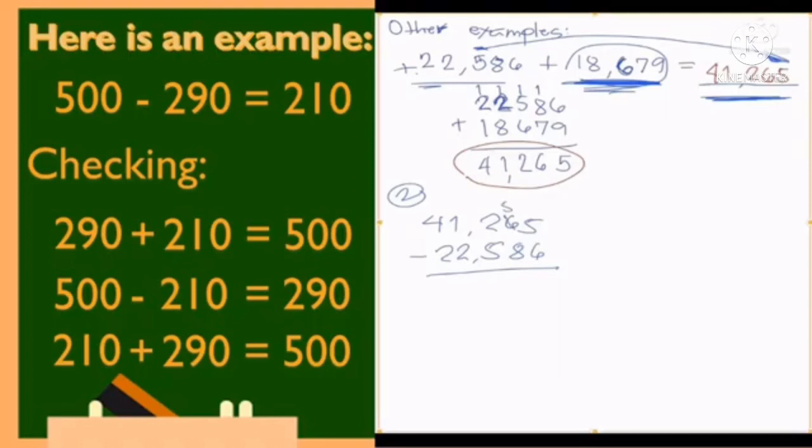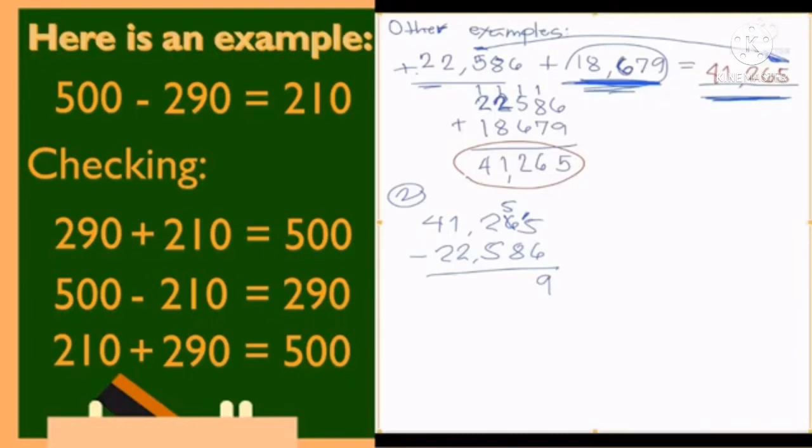Okay, so 6 will become 5, and then 15 will become 10. Alright, so 15 minus 6. 15 minus 6 is 9. Good job.